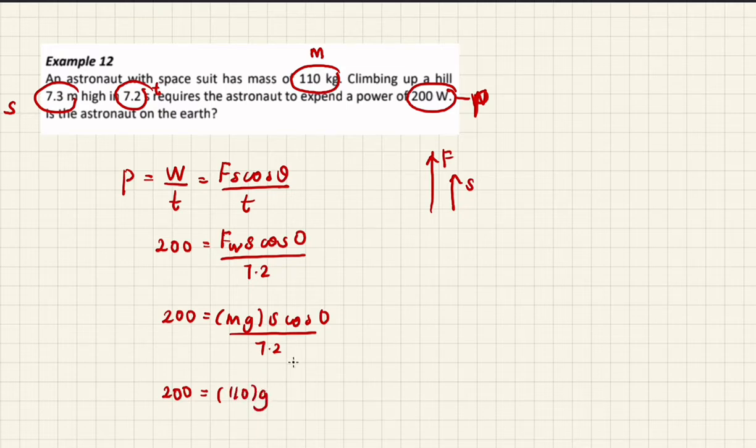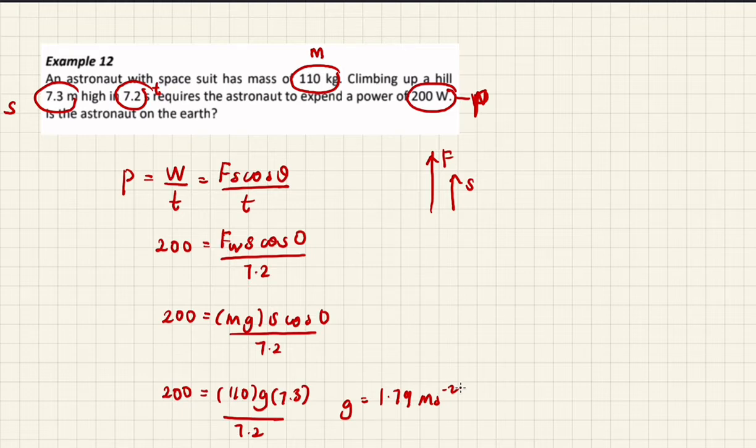Kita boleh start masukkan nilai, the mass dia adalah 110, g adalah apa yang kita nak cari, displacement dia dah bagi 7.3 meter, bahagi dengan time 7.2. So kita akan dapat gravitational acceleration equals 1.79 meter per second square. Bila kita dapat 1.79 m/s², maksudnya bukan kat Earth lah.